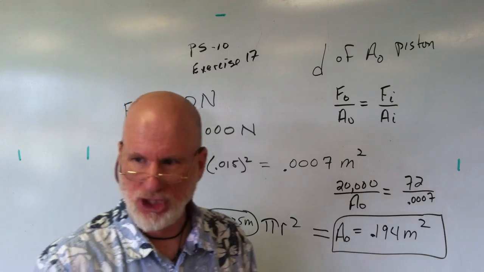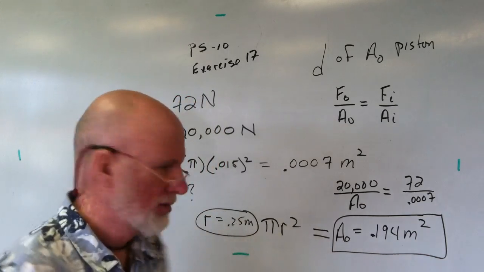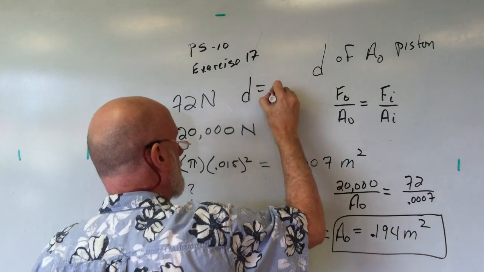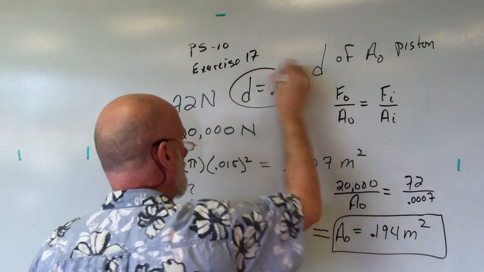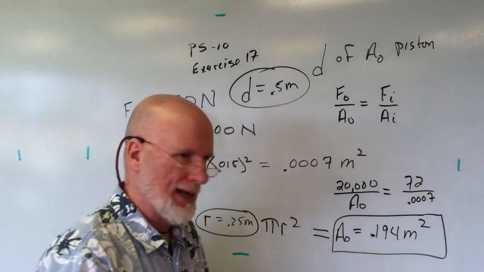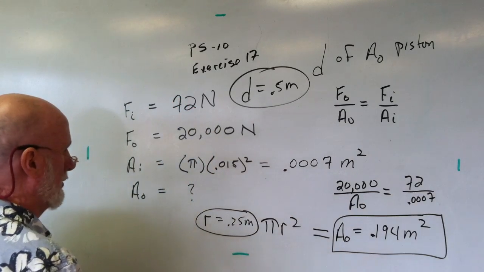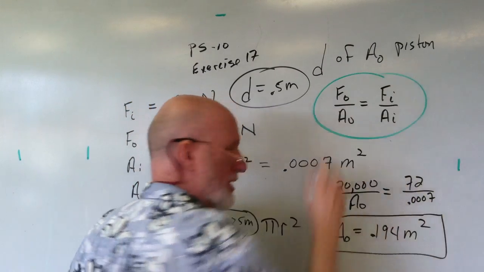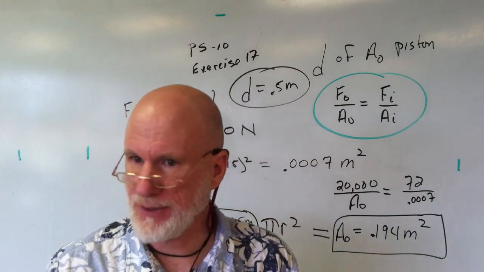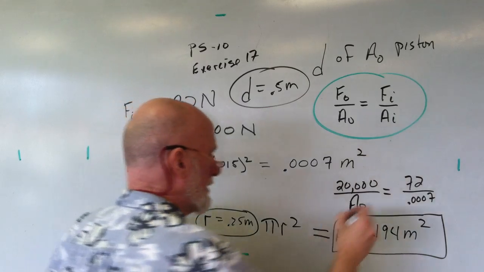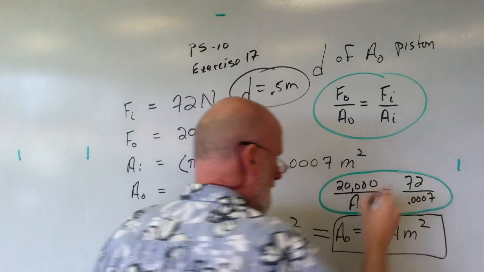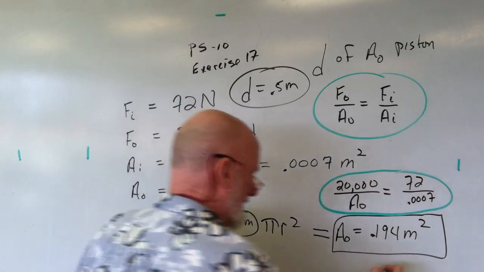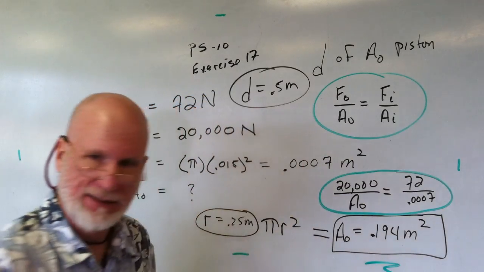So what's the diameter? 0.5. The diameter equals 0.5 meters. Okay? Is that a little bit like Greek on the board? This is the equation that we used, correct? I plugged into the equation and got this as an answer, correct?